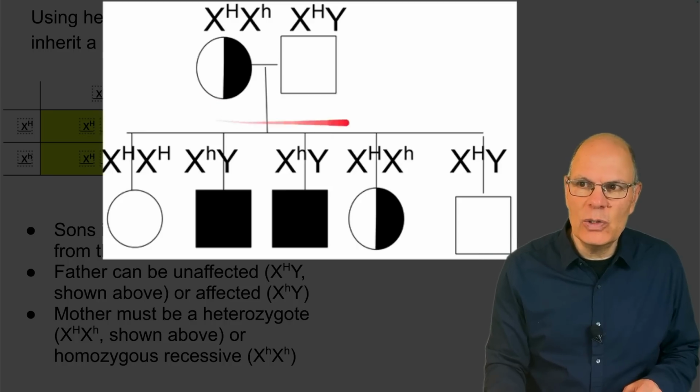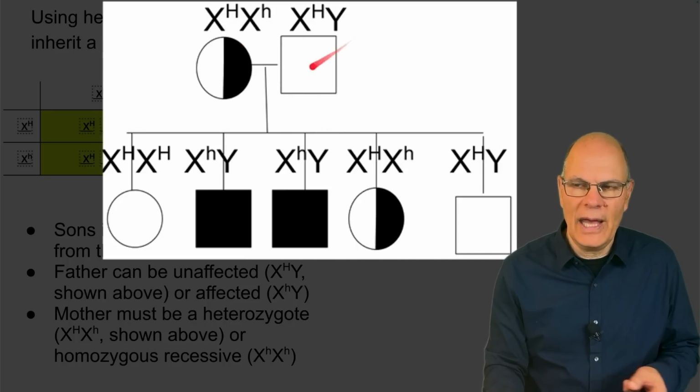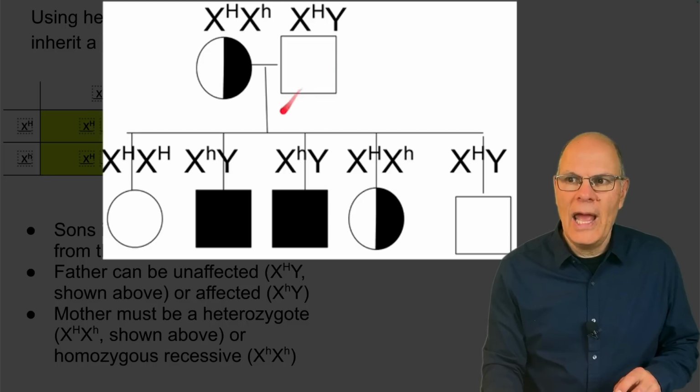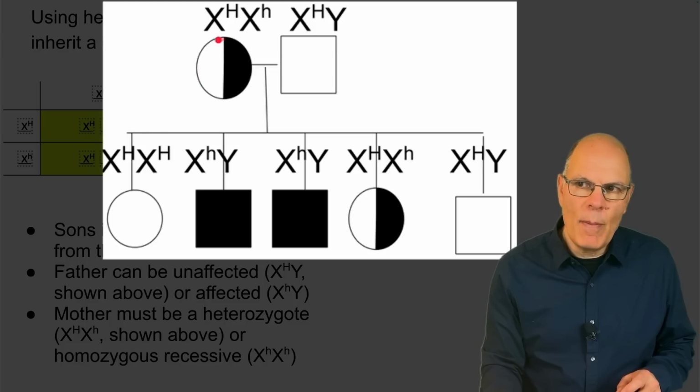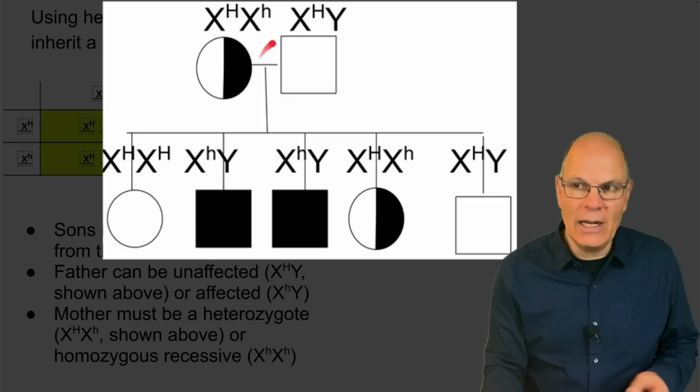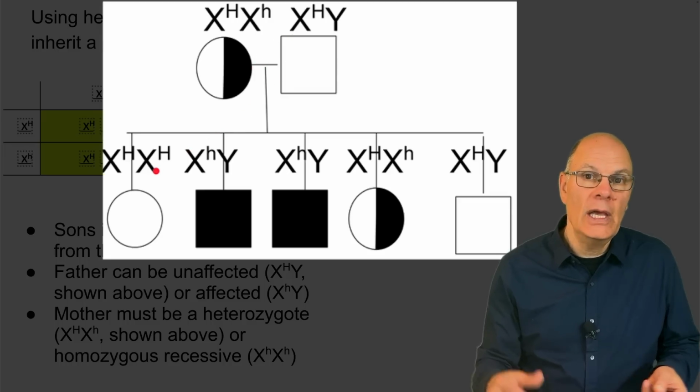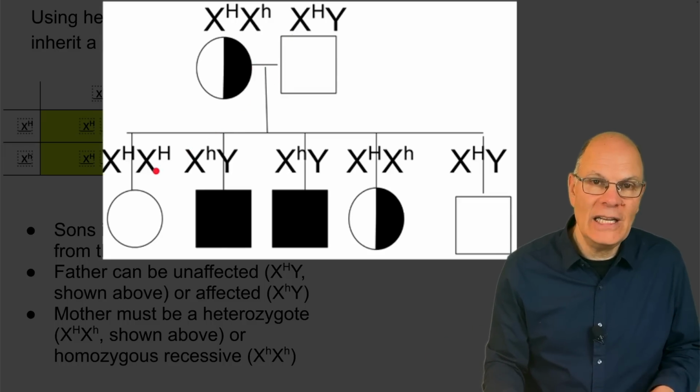Here's a pedigree that shows the same thing, basically a cross between a heterozygous female and a normal male. And note that in this case, the mom passed on her normal chromosome, and the dad passed on his normal chromosome. It's the only X chromosome that he has to pass on.